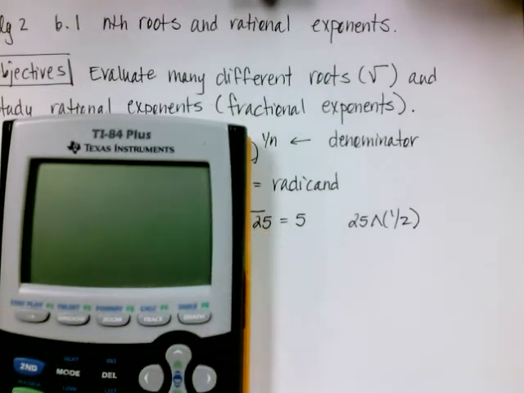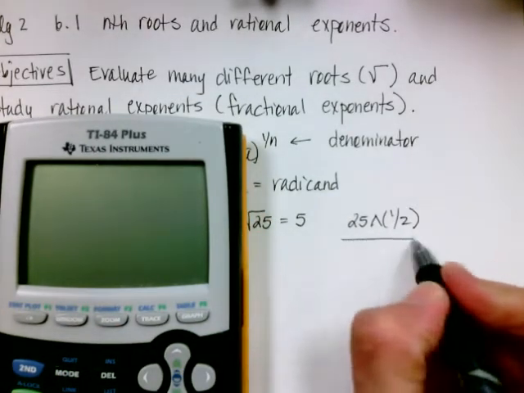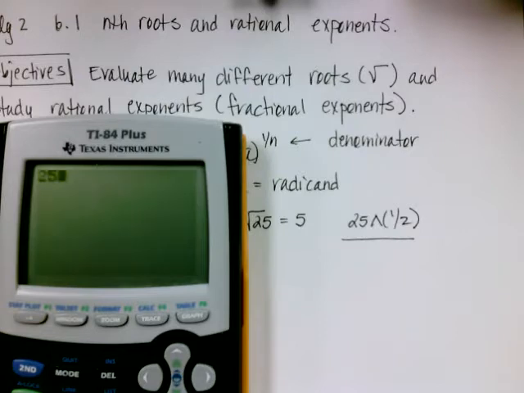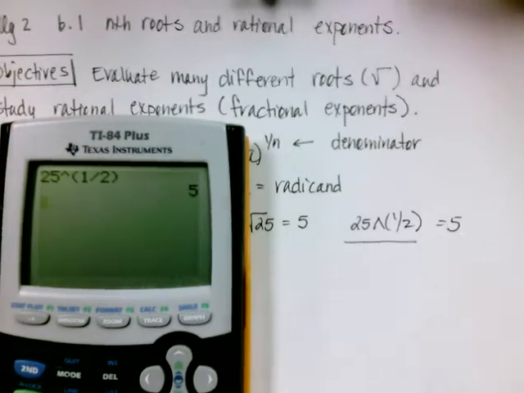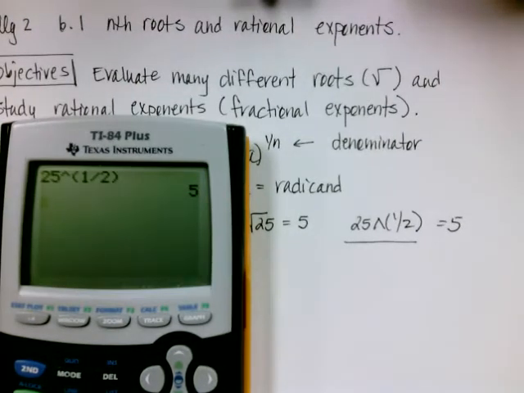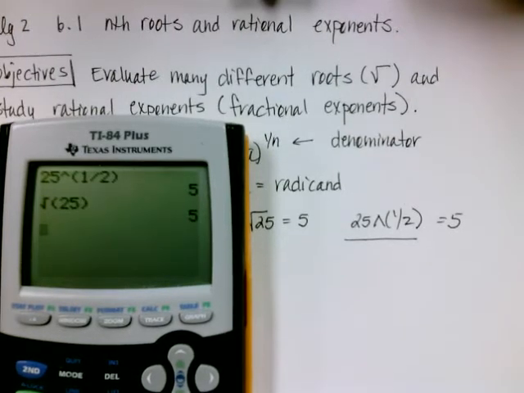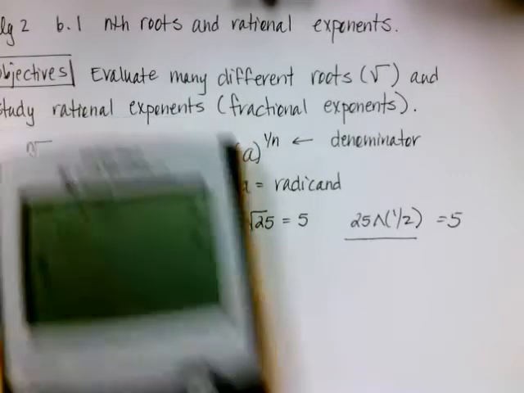So I'm going to do 25 raised, parentheses, 1 divided by 2, close, go, and I get 5. So the 1/2 is the same thing as the square root of 25, and I get 5 both ways. It's just different ways to write the same math.